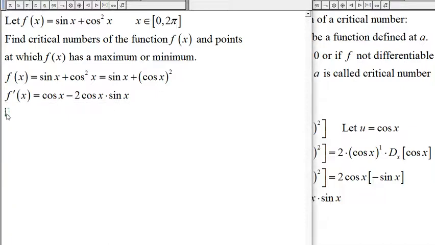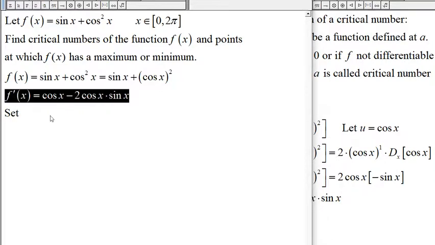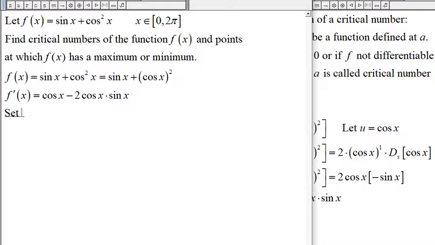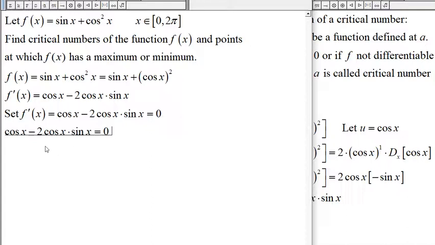And then now, to find the critical numbers, we need to set the derivative equal to 0 and solve for x. To solve this for x, it looks like there's a common factor of cosine of x, so we can factor that out.